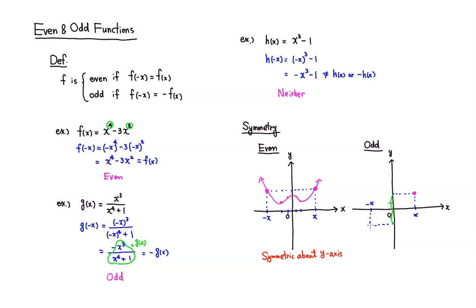Then you have a dot there. When you have a point over here, there's going to be a point over here. I'm going to just draw a picture. It might look something like this.